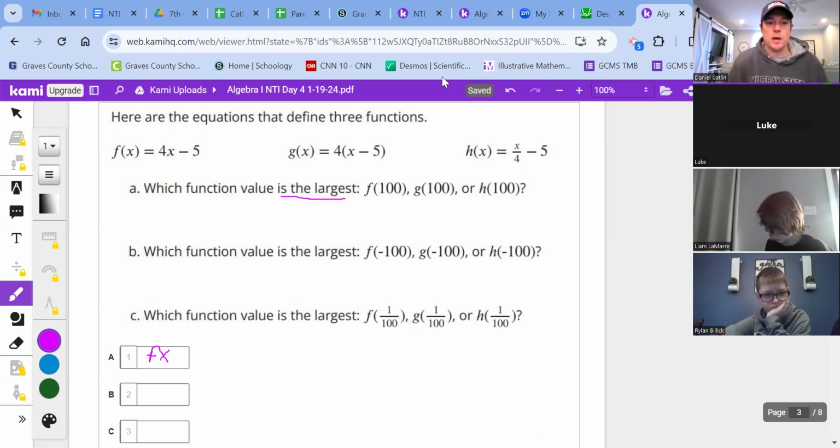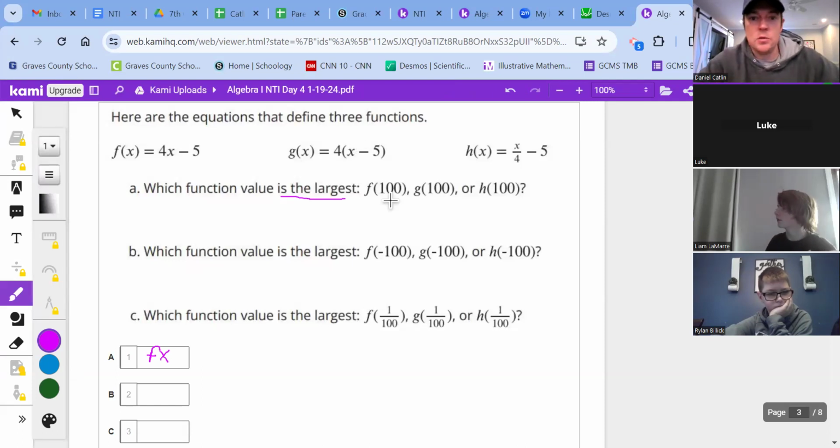All right, so f of x gave us the biggest output. It was like 15 bigger than what this one was. Okay, and I think that one, honestly, you could probably do in your head. The negative one and the 100th, those are a little bit trickier. So the graphing will probably be a little bit more handy for those. Because I think for the last one, they were really close to being exactly the same. And so that's why I think the technology is helpful here.